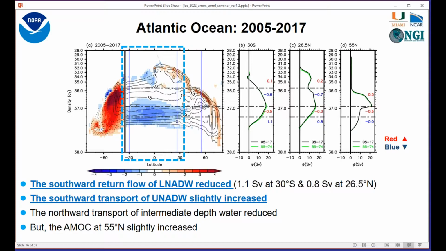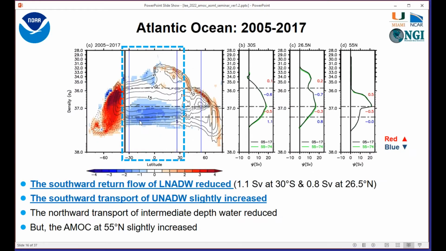This is kind of puzzling because we tend to think that MOC changes in the interior ocean, in the South Atlantic and North Atlantic Ocean, are all driven by the convection over here in the Labrador Sea and all that. But I don't see any reduction signal. It actually increased a little bit. So that's kind of puzzling, and that's very important. We'll get back to that in a later slide.